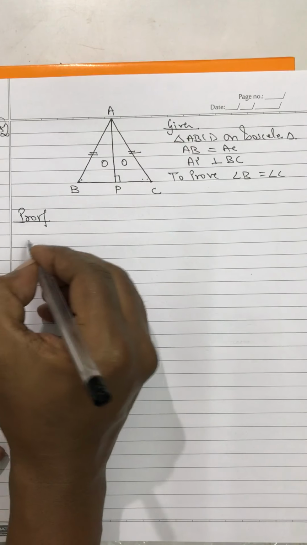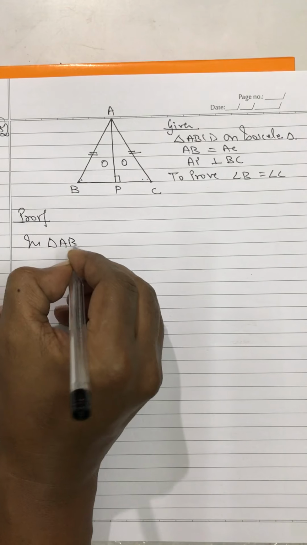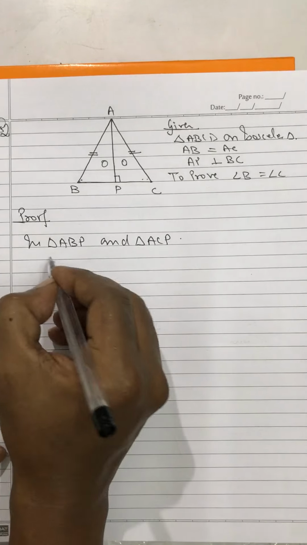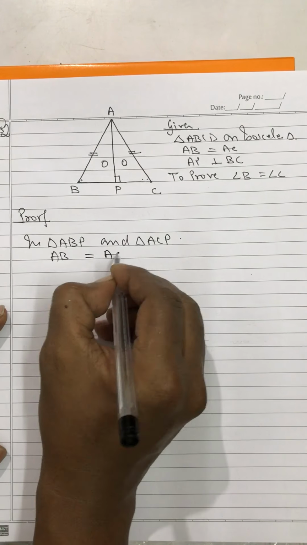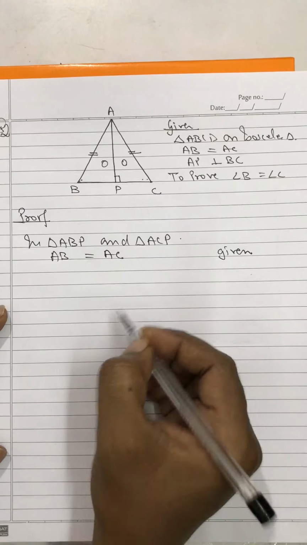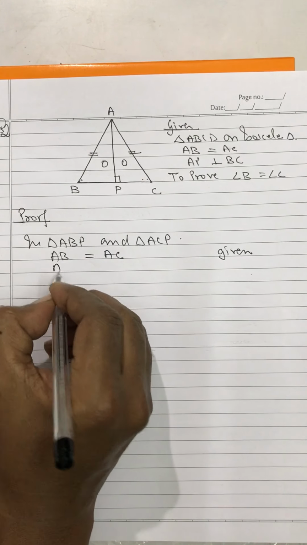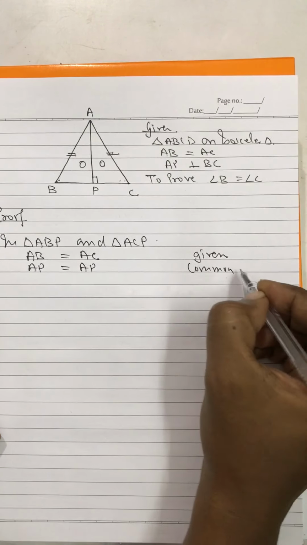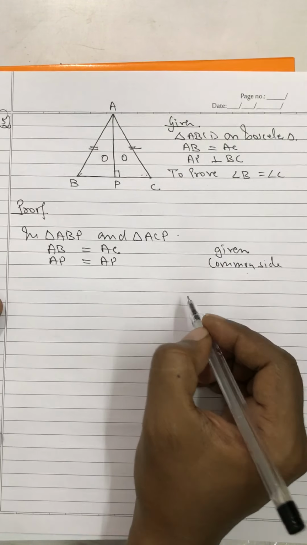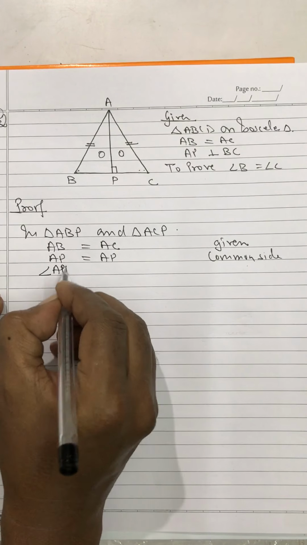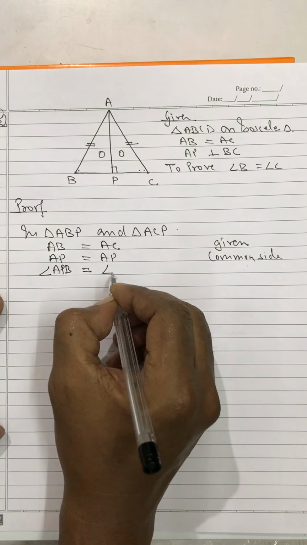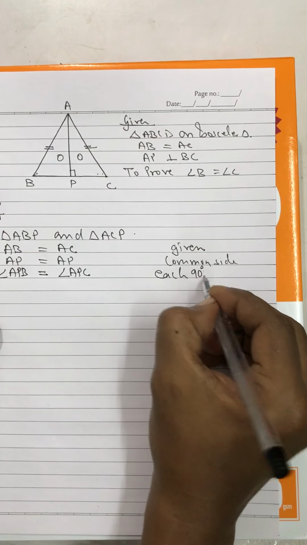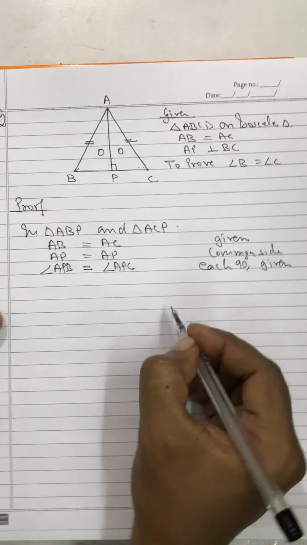So here what do I say? In triangle ABP and triangle ACP, AB is equal to AC, this is given. Then AP is equal to AP, common side. Then angle APB is equal to angle APC, each 90 degrees, given.